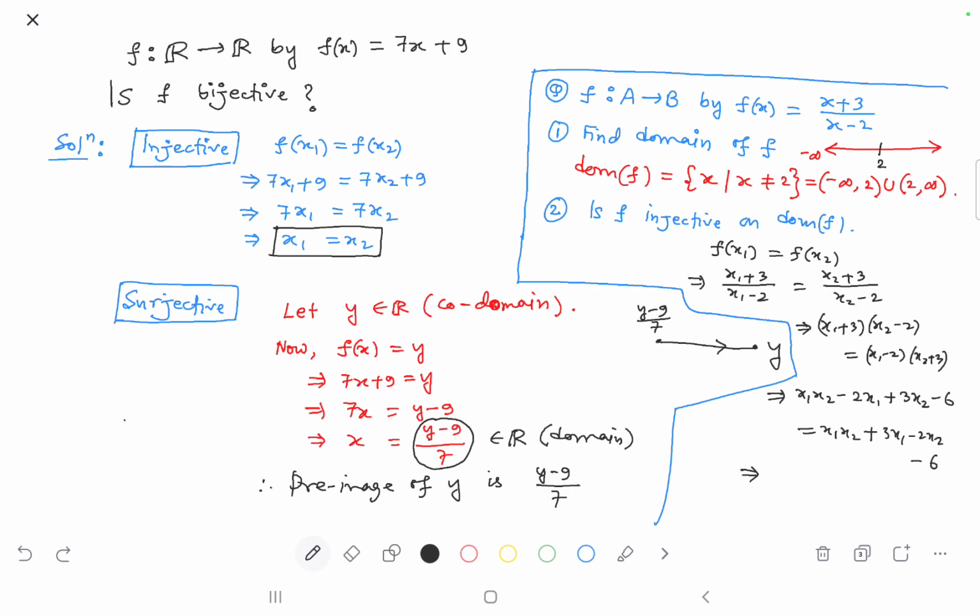Okay, I can cancel the minus 6 from here. What did you get in the left hand side? Did you get x1 x2 minus 2x1 plus 3x2 minus 6?